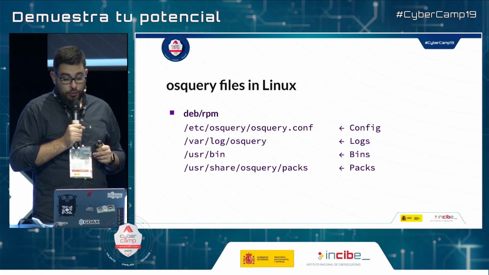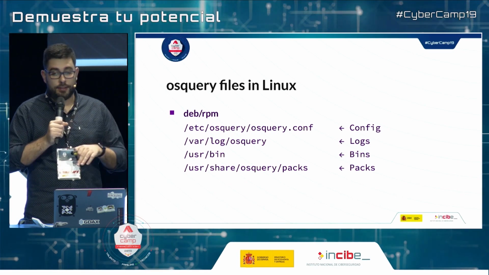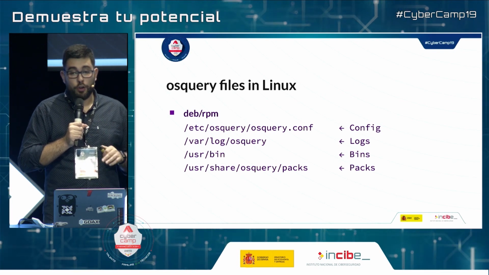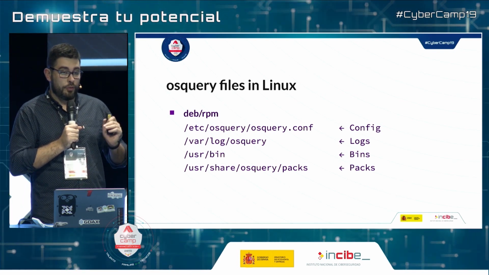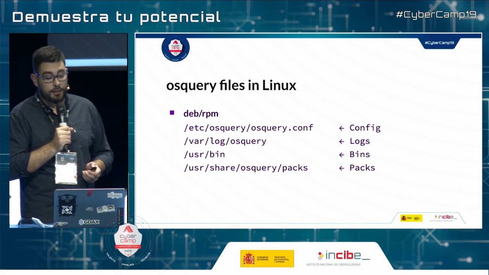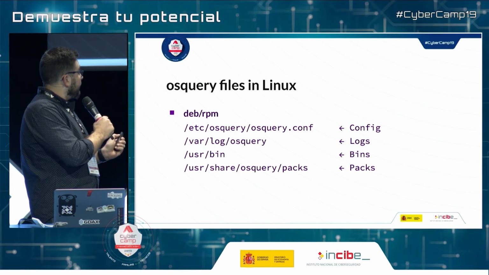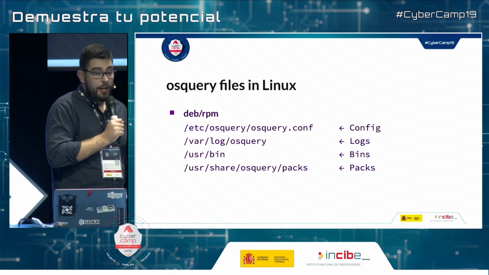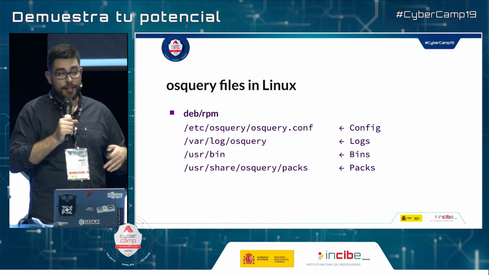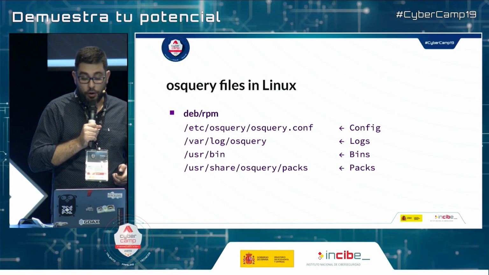An important point when you begin with osquery is to understand the files. Once you've installed this on your machine, you need to know the default paths for osquery. So for Linux, through a deb or an RPM, here you have /etc/osquery, and then you have the configuration that would try to load all the files, and I'll talk a little bit more about this in a minute.